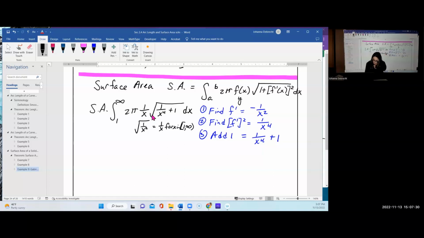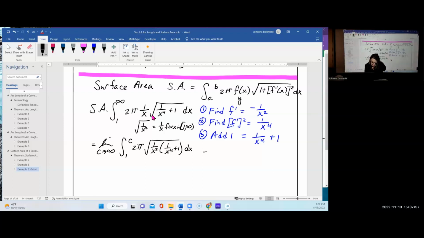And that's including 1. So I can rewrite this now as the limit as c goes to infinity of the integral from 1 to c of 2 pi times the square root of 1 over x squared times 1 over x to the 4th plus 1, integrated with respect to x. Now I'm going to go ahead and do the distributive property and work that out.